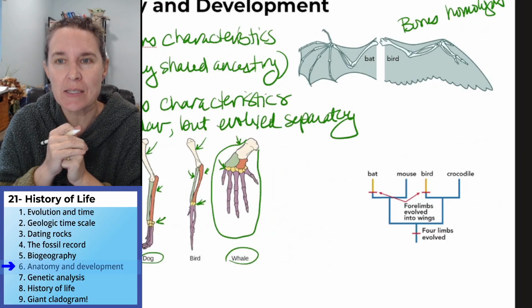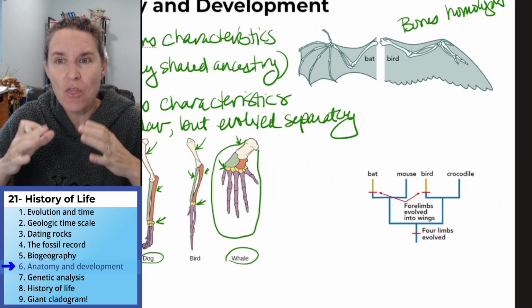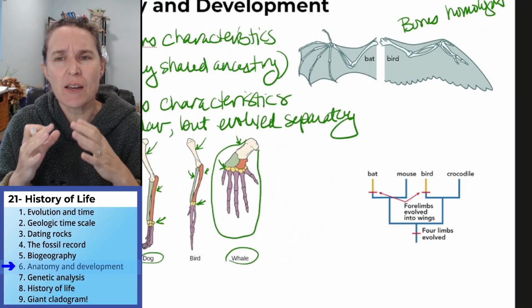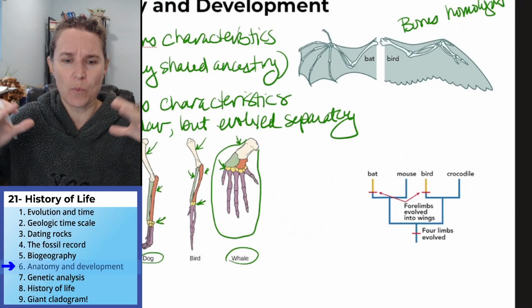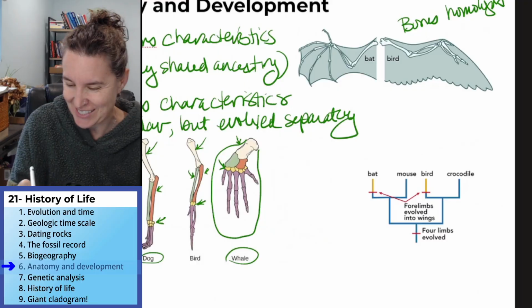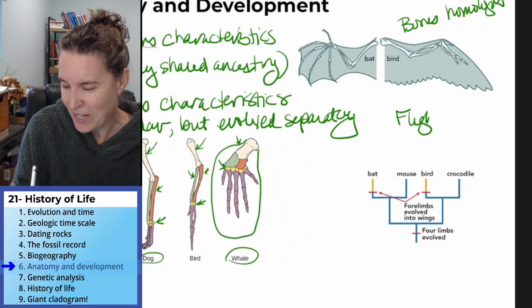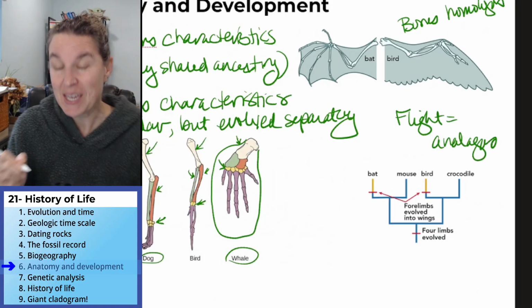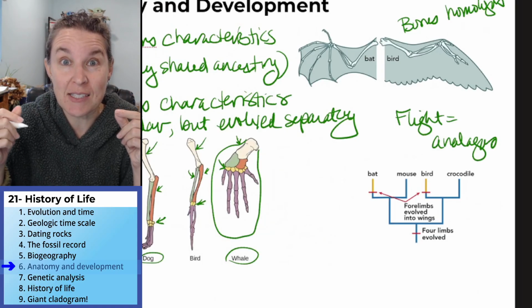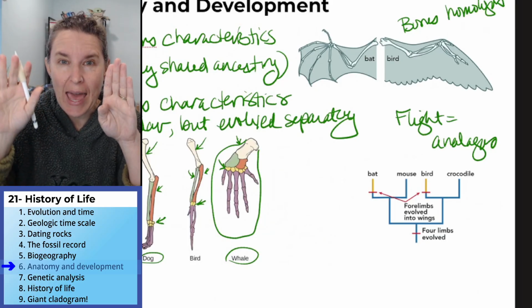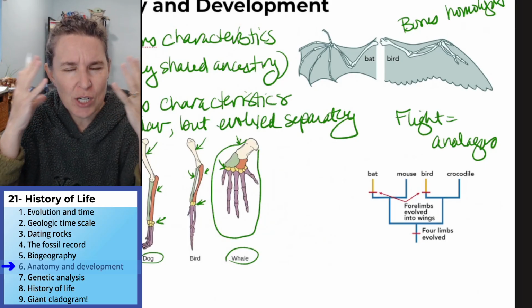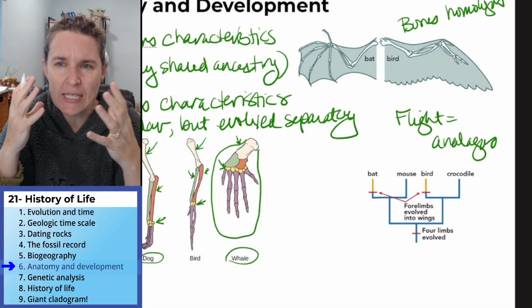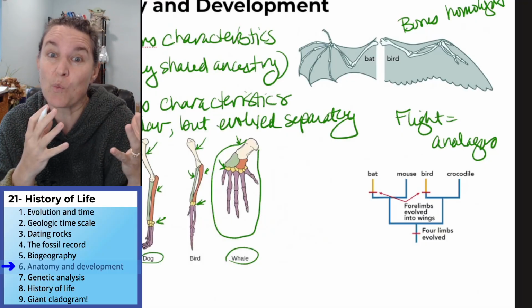However, the wing part, the fact that they fly, maybe flight is the good characteristic. Flight is analogous because of the most recent common ancestor between a bat and a bird. I know we're going to talk about this in more detail, but birds are basically reptiles.